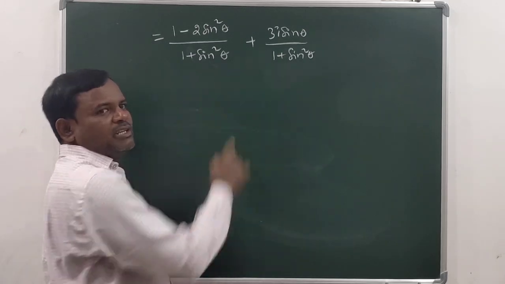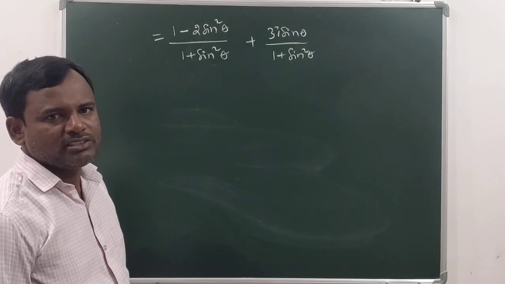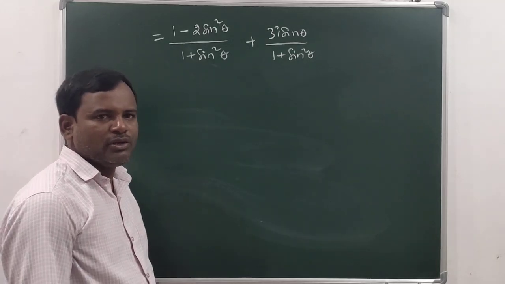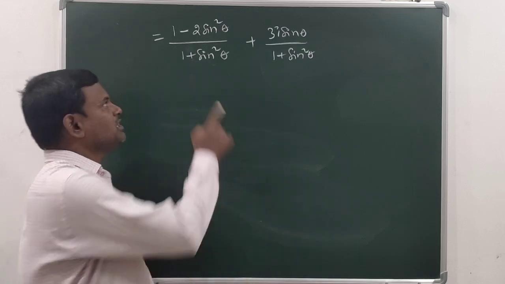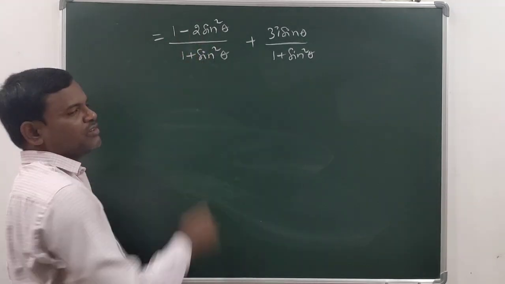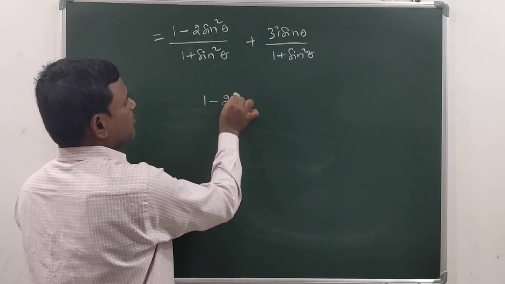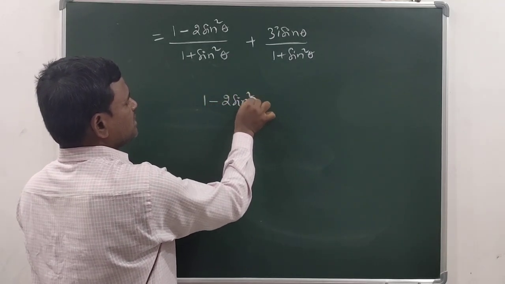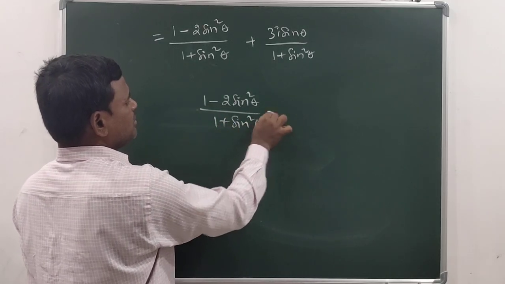When do you say a complex number is known as purely imaginary? If and only if its real part is equal to 0. Hence I want to equate this one to 0. On equating, we get (1 minus 2 sin square theta) by (1 plus sin square theta) equal to 0.